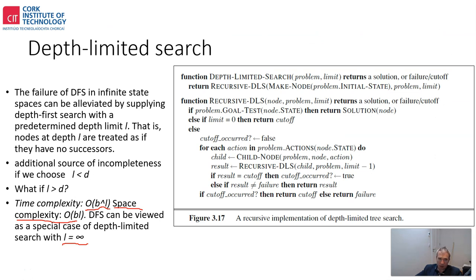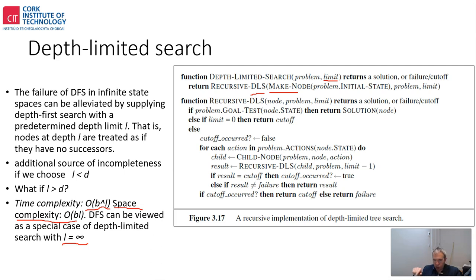Okay? And again, these implementations are almost identical. So depth limited search takes in the problem and the limit, and returns a solution, failure, or cutoff. It returns recursive depth limited search, make node of problem.initial state, problem, comma, limit. So you're making a recursive call. This will continually recall the same problem, just one node further along the approach.